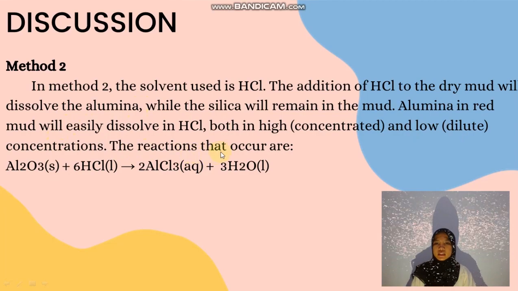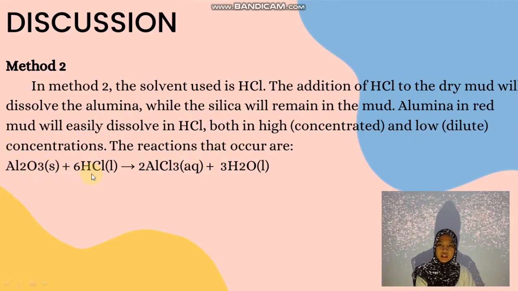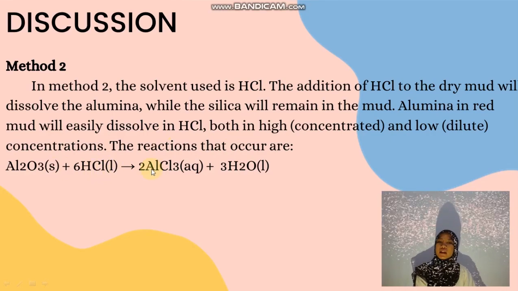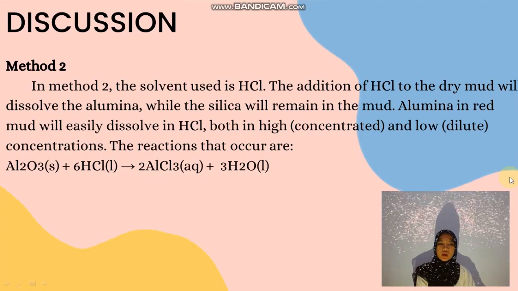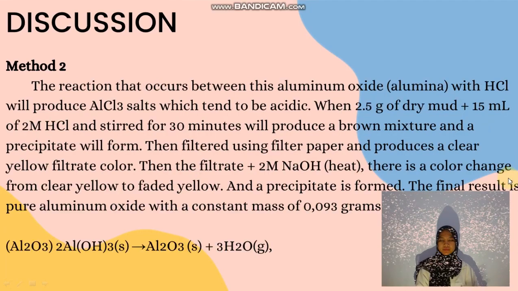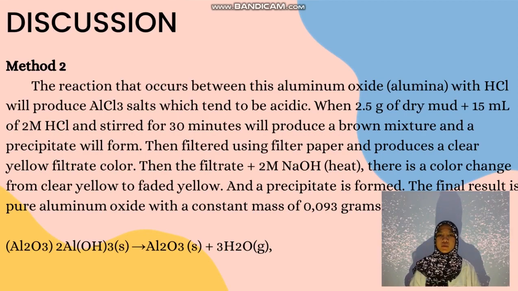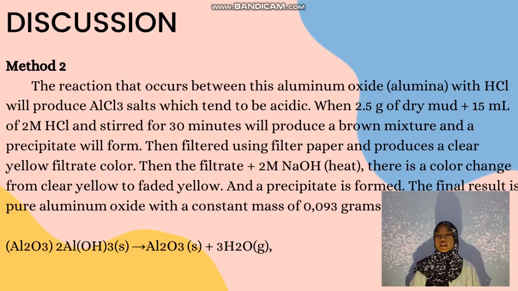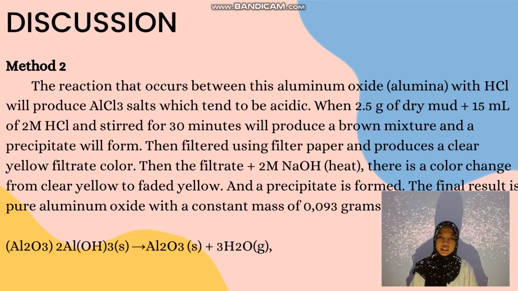The reaction that occurs is Al2O3 plus 6HCl produces 2AlCl3 plus 3H2O. The reaction between aluminum oxide, alumina, and HCl will produce AlCl3 salt, which then becomes acidic.